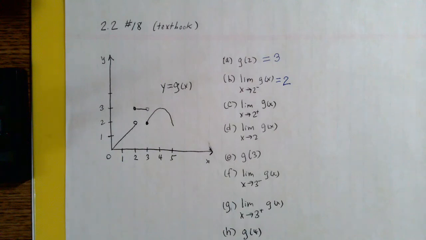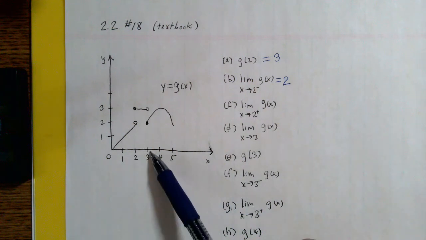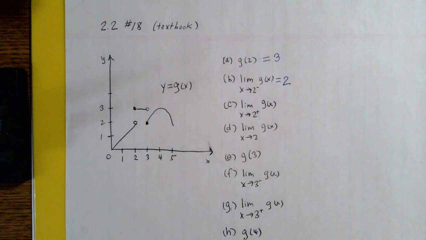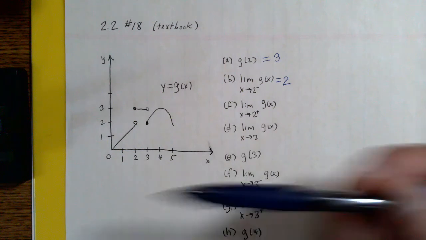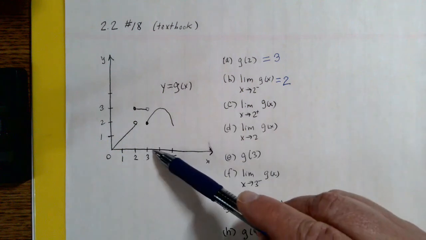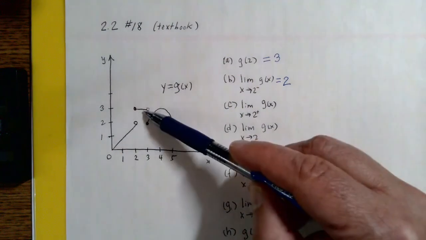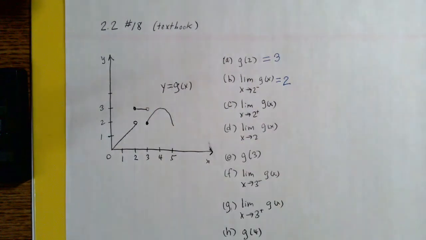Now, in this particular place on the graph, we're going to see that there's a different limit as we approach 2 from the right, because as we move toward a value of 2 for x from the right of 2, from this direction, we see that the height of the graph is approaching 3. In fact, on that portion of the graph, it's actually constant.